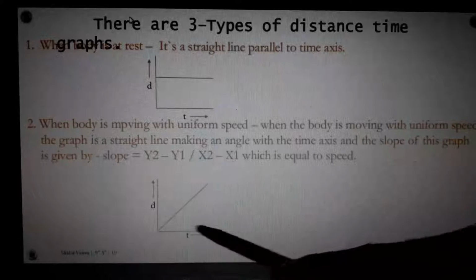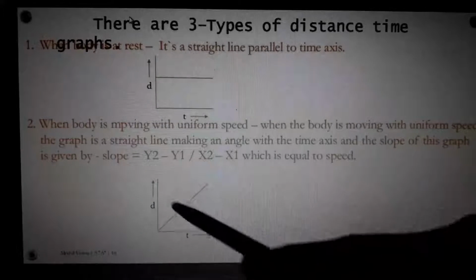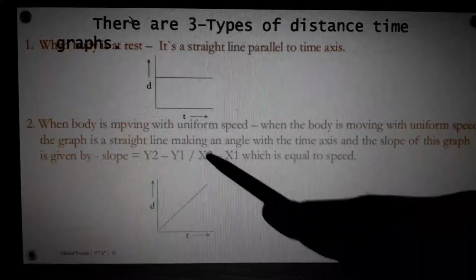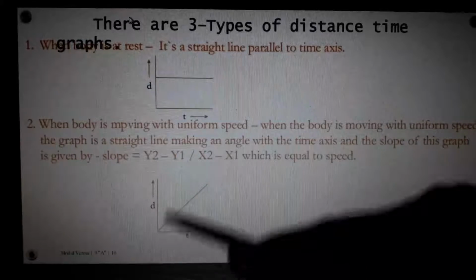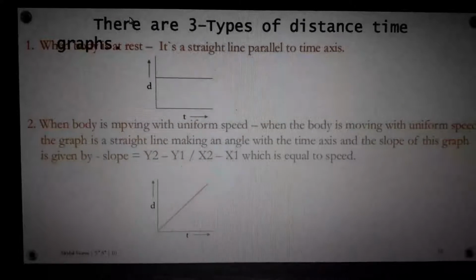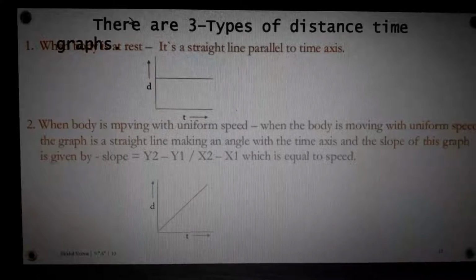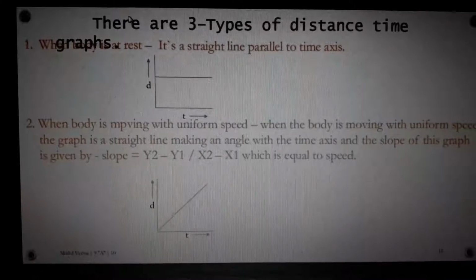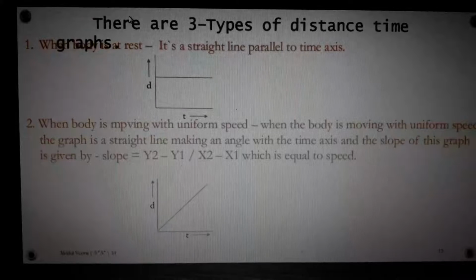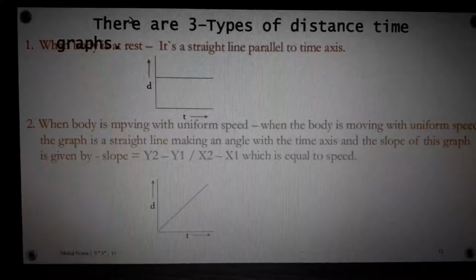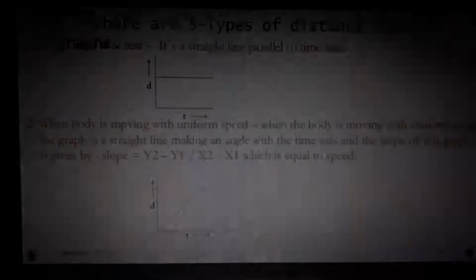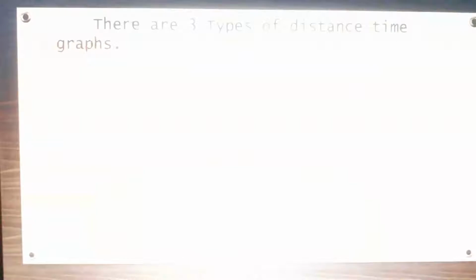Here it is not mentioned what y1, y2, x2 and x1 are. Actually it is the change in the distance. Here it is not shown, but that is equal to the equation of the speed, which we will discuss when we are creating the equation. Just keep this in mind.